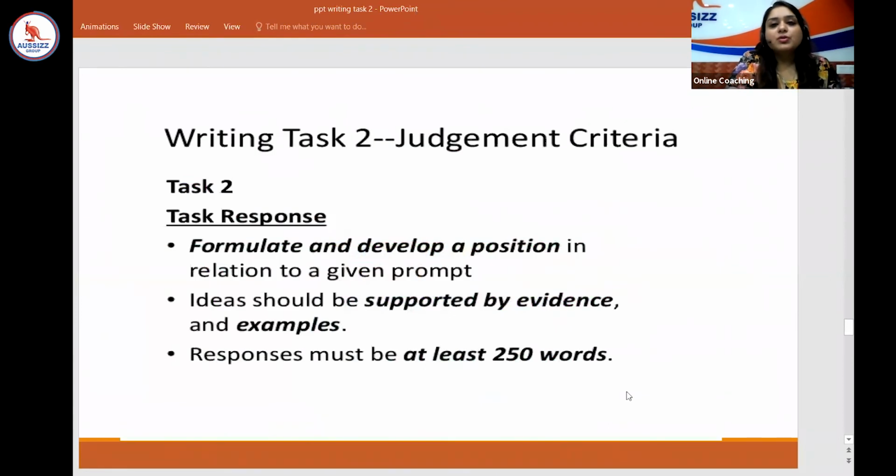Now coming back to the judgment, because this is the stage where the examiner will give you bands. If you have covered all the judgment criteria, you will get good bands. So you have to write the essay according to the format first, because what I believe is that this will cover all the judgment criteria.